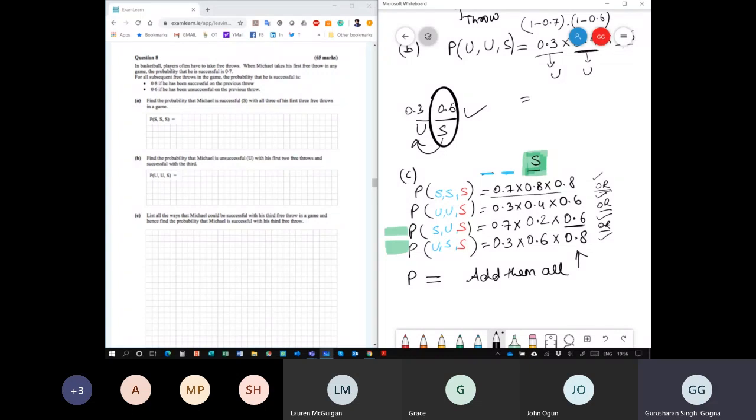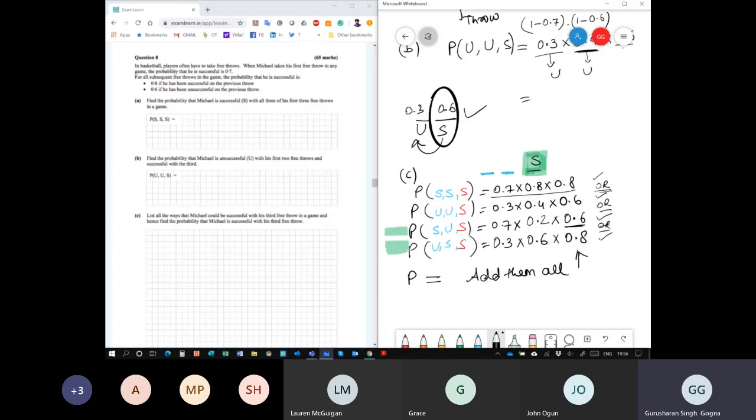And the reason we are multiplying 0.7 by 0.8 by 0.8 is because we are saying first throw is successful and second throw is successful and the third throw is successful, isn't it? So I'm using and here. I have to use and because it's part of one experiment.